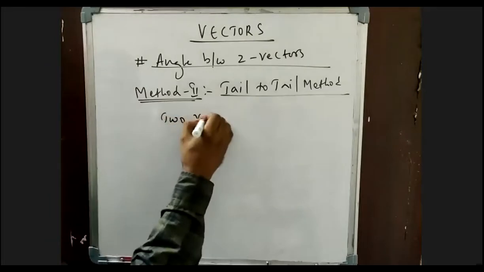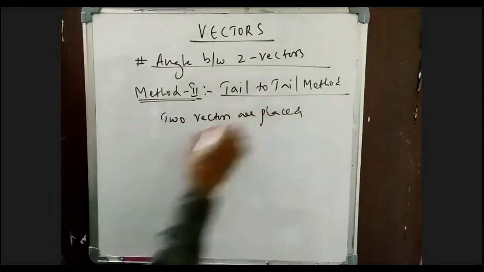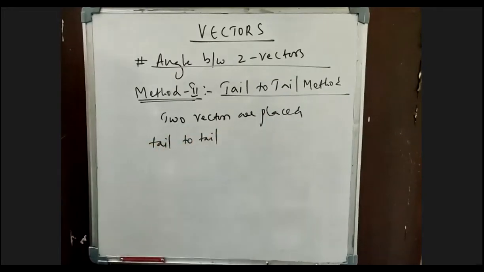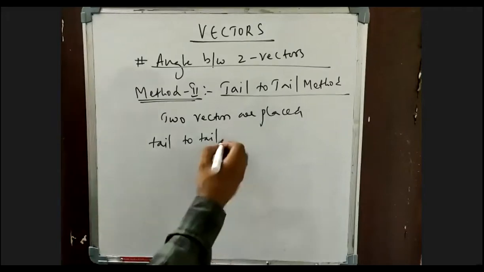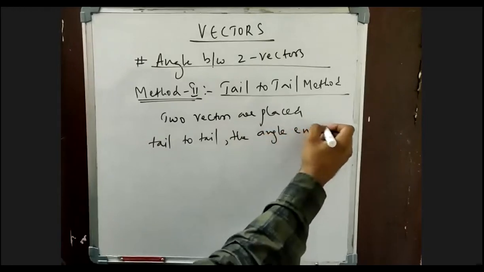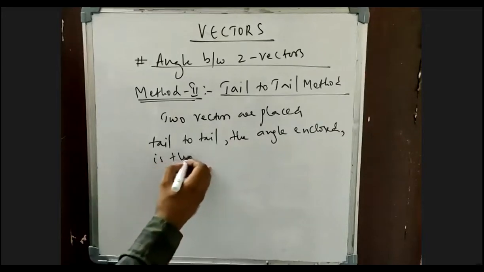Two vectors are placed tail to tail. The angle enclosed is the angle between the vectors.